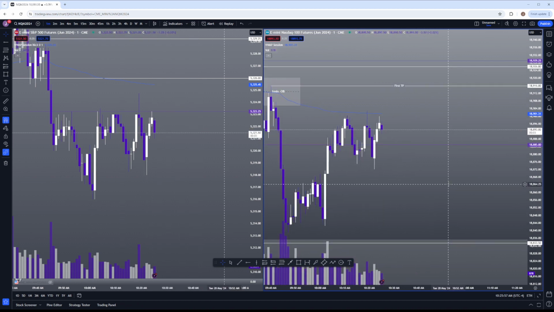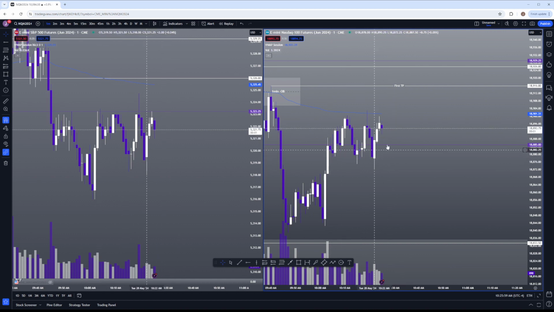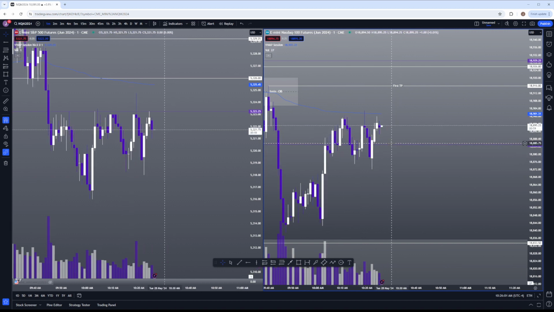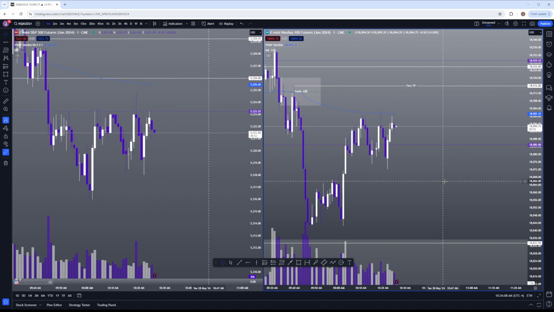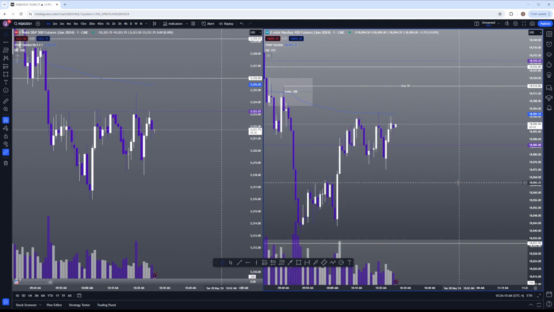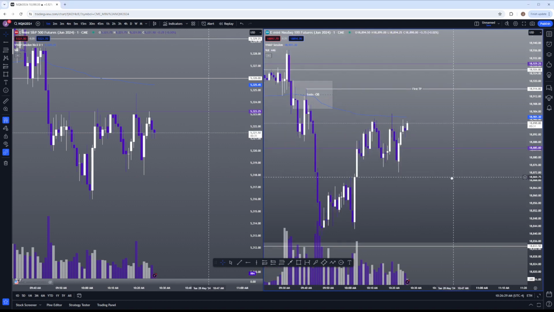Unless you already have that conviction before the chop, still, to me, it's just not worth it to trade this stuff. We are just very range bound right now.